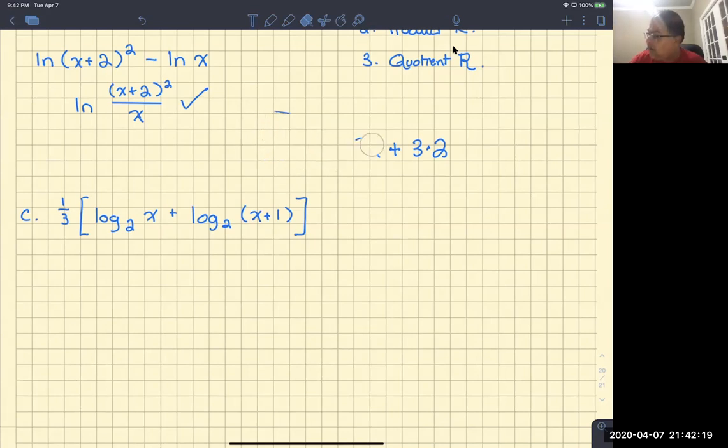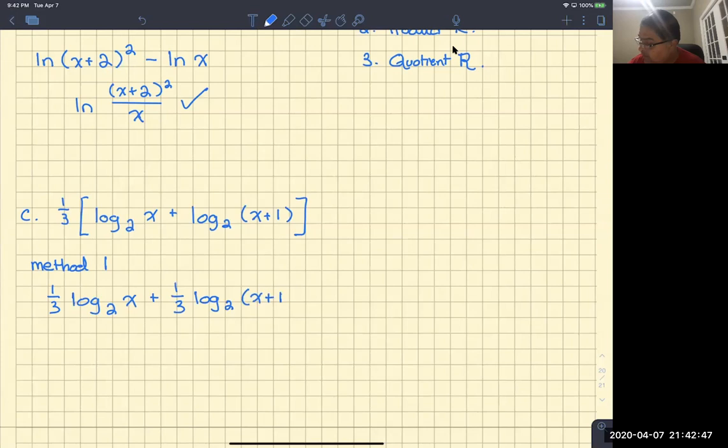So the first way I would do this is say, okay, I would distribute and get, and I'm going to write this on this side, 1/3 times the log base 2 of x plus 1/3 times the log base 2 of x plus 1.